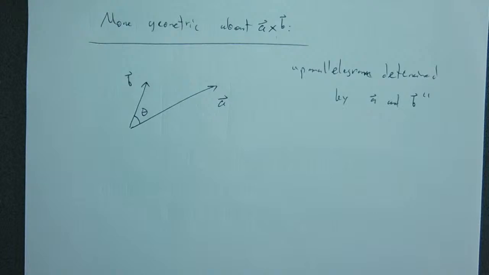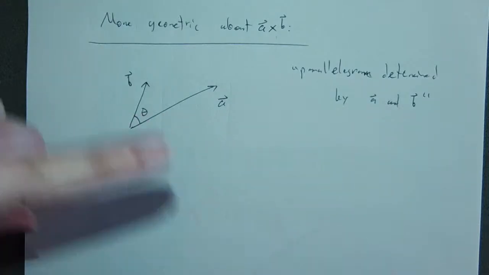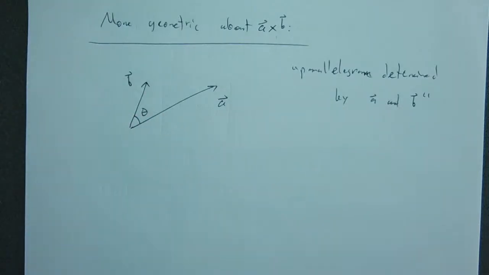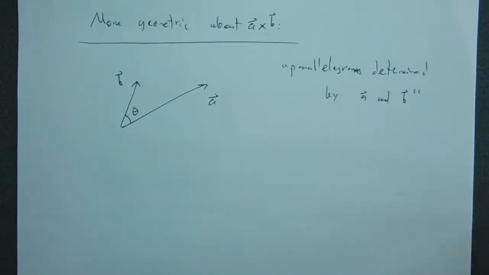If they're scalar multiples of each other, then they don't determine a parallelogram, they determine a line. That's a notion of two vectors being linearly dependent, which is a degenerate case. What we come up with will take care of that, so you don't have to worry about that in this course. That's a thing for 240.